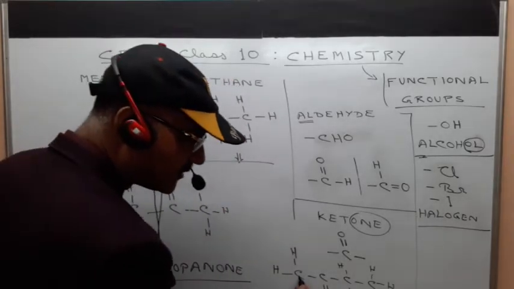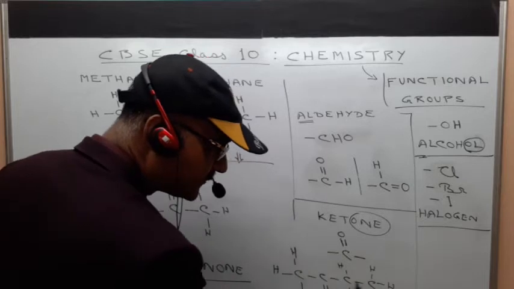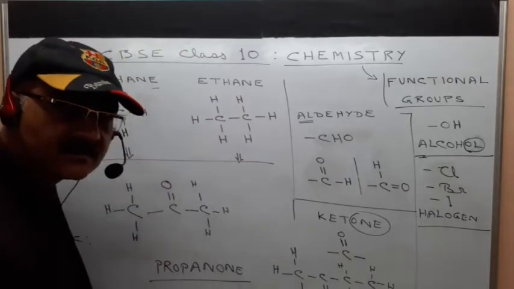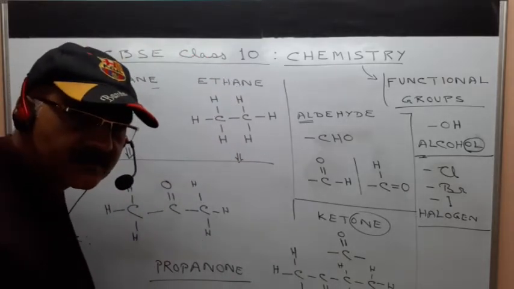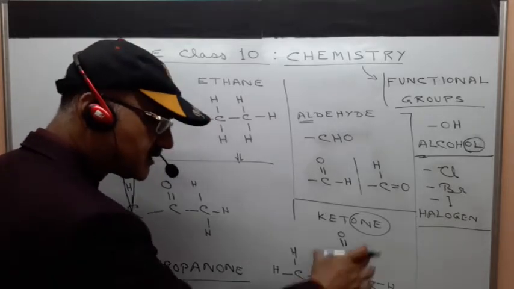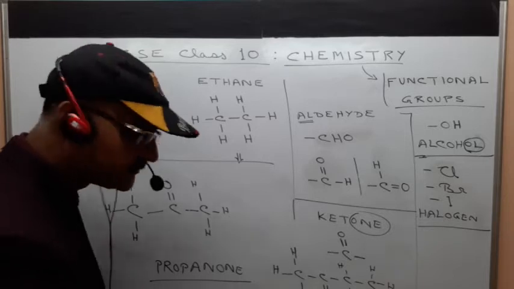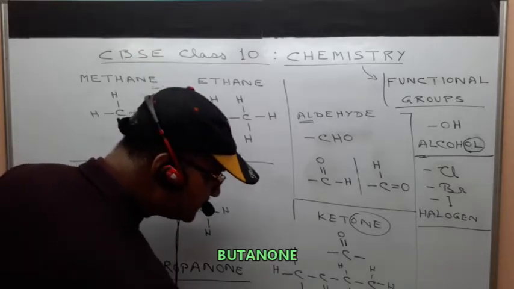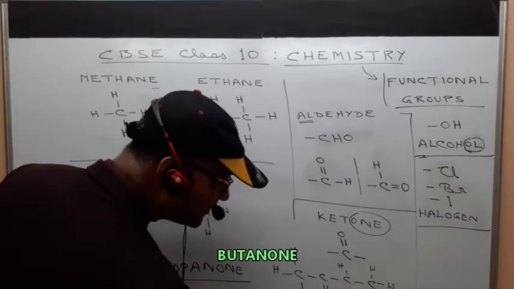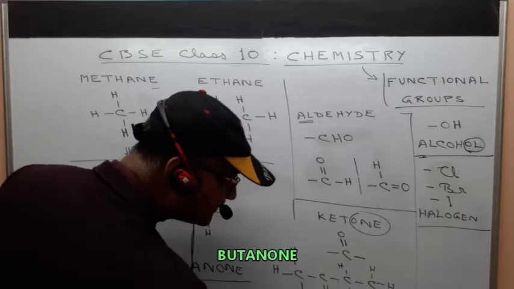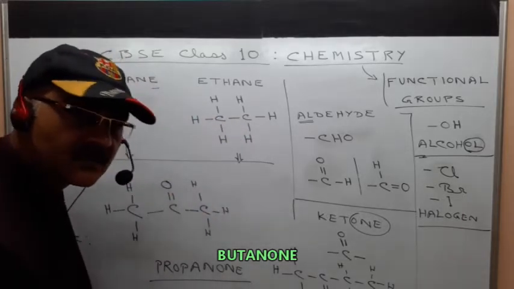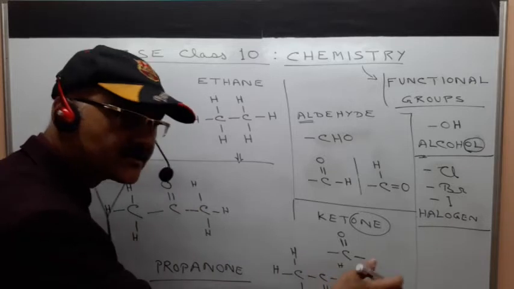How many carbon atoms are here? 4. That means this is basically butane. So in this butane, there is a ketone there, so it will become butanone. So butane to butanone. So this is the way these molecules are named.